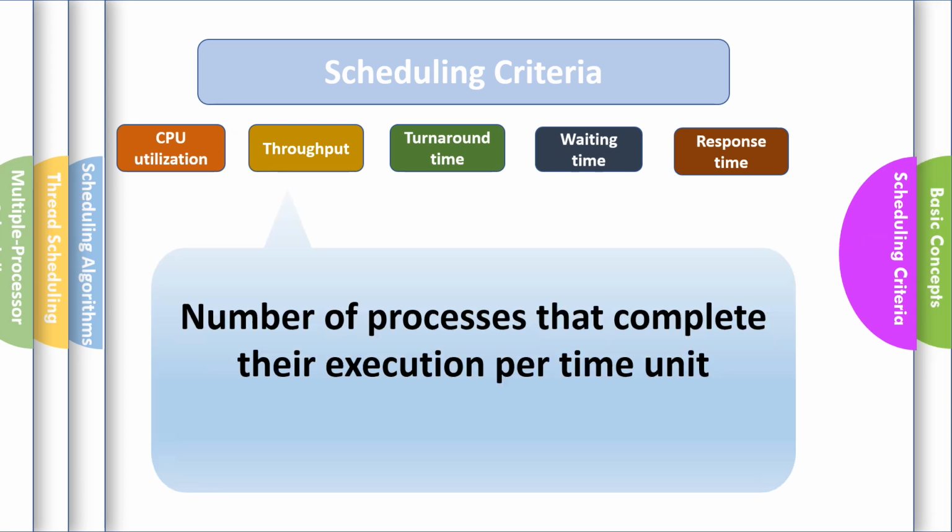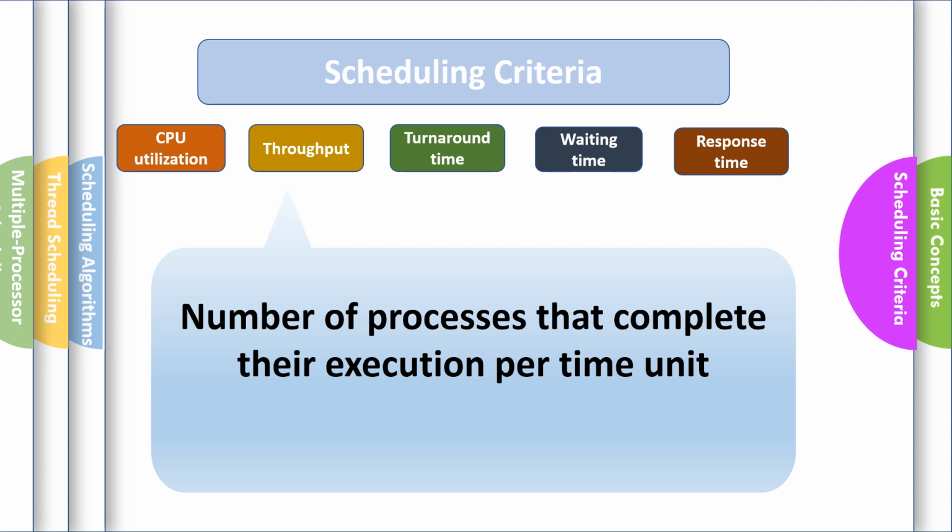Throughput is the number of processes that complete their execution per unit time. That means if I consider 10 milliseconds, how many processes complete their execution in 10 milliseconds is the throughput. Or you can say in 1 hour, how many processes finish their execution. So whatever unit time you take, in that unit time, how many processes are getting executed is the throughput.